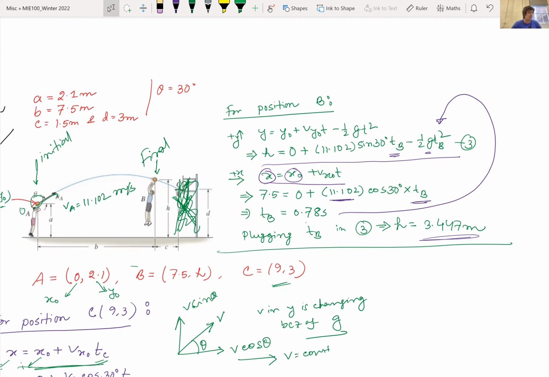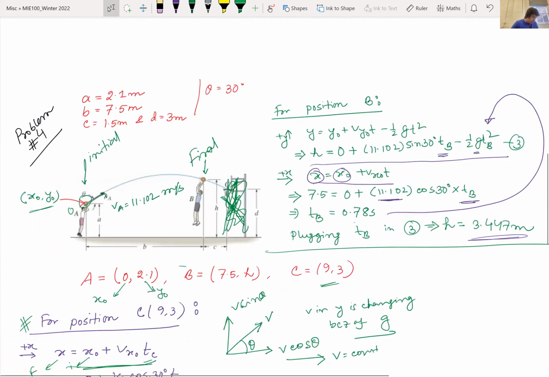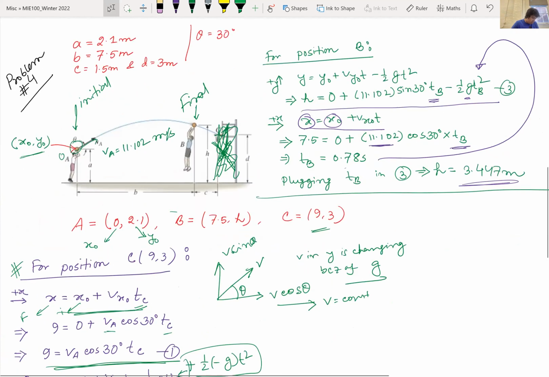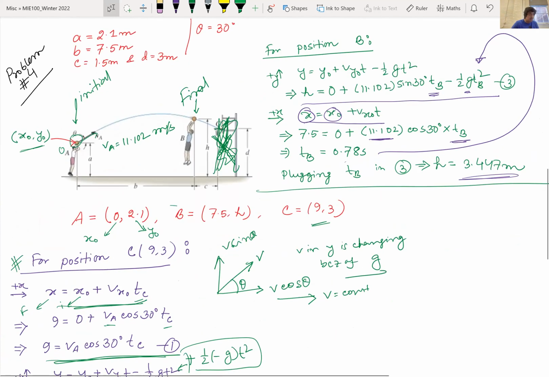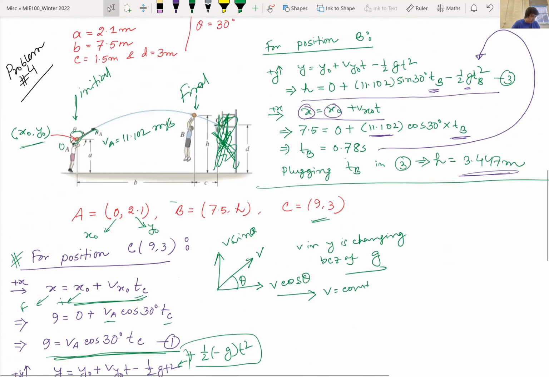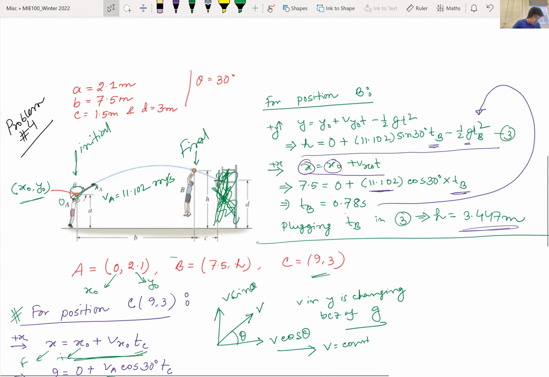There's a question. Shouldn't the initial position in the Y direction be 2.1 rather than 0? Yeah, it should be. That's what I wrote, right? Where did you get Y for position B? Oh, yes, sorry, you're right. It should be 2.1.